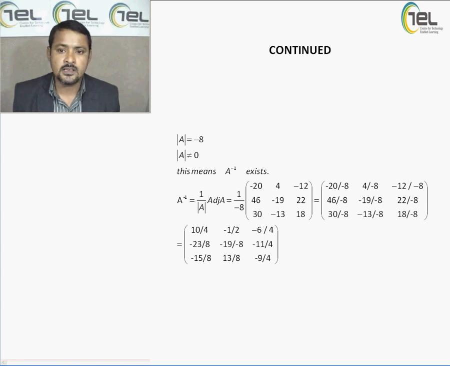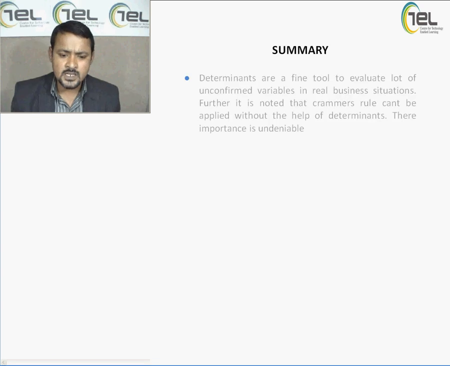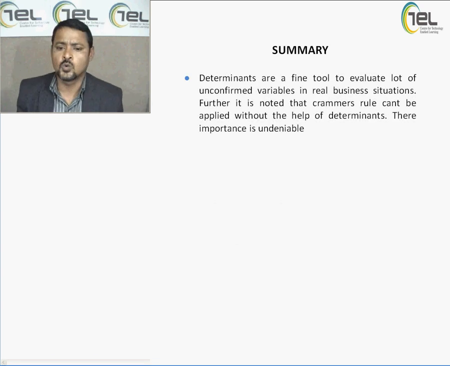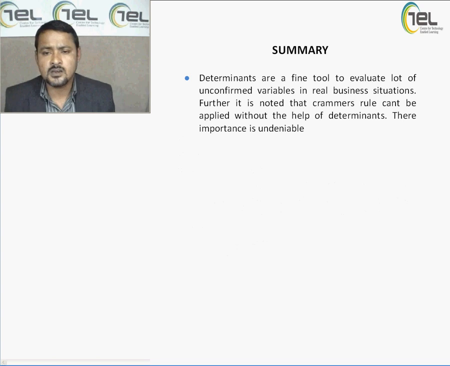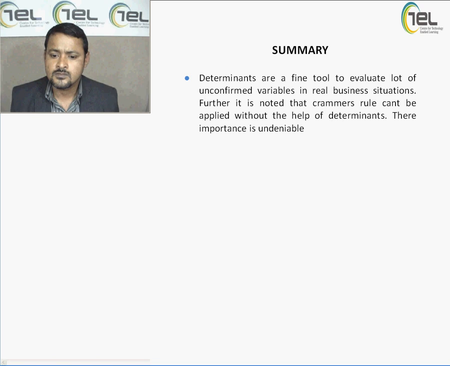This is known as the matrix method, which we are going to discuss going forward. This is one of the finest tools to calculate the values of unknown variables. Cramer's rule is not going to be used without determinants, but we can use A inverse with other methods also. So this method is undeniably important and you must practice it.